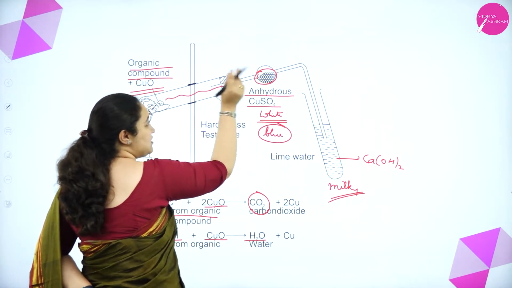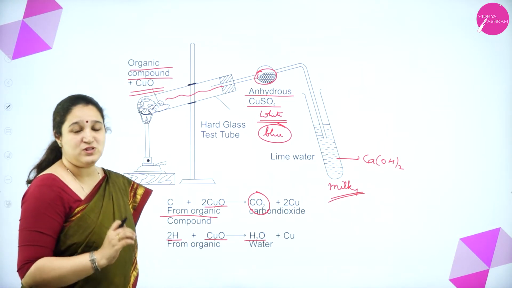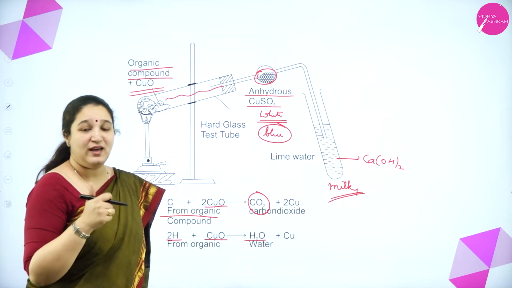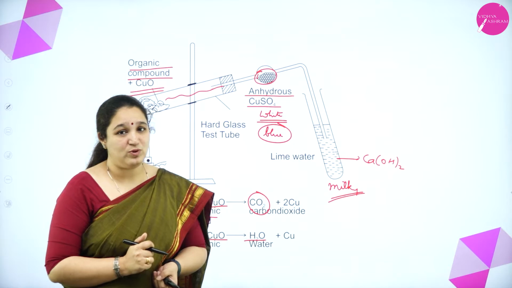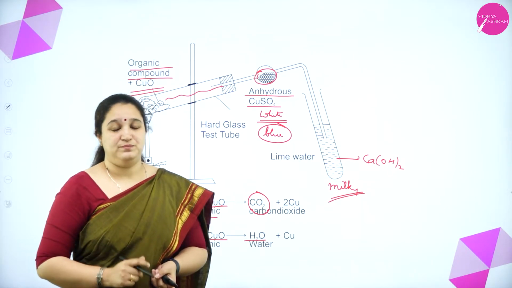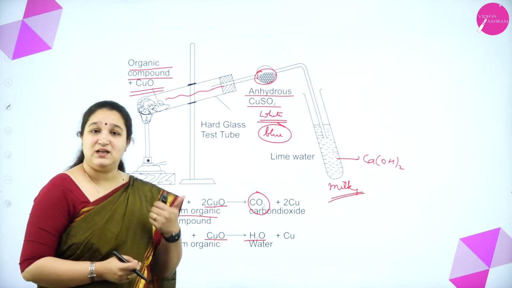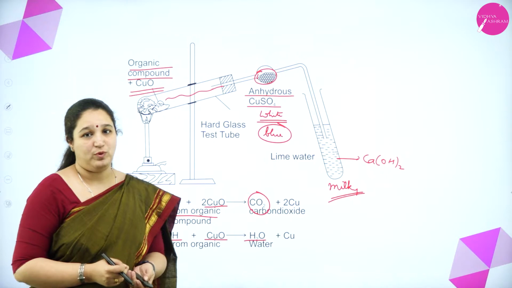So if this turns blue color, then we understand that water is produced. That means the organic compound has hydrogen. If lime water turns milky, then the organic compound contains carbon. So this is the method to detect carbon and hydrogen in organic compound.